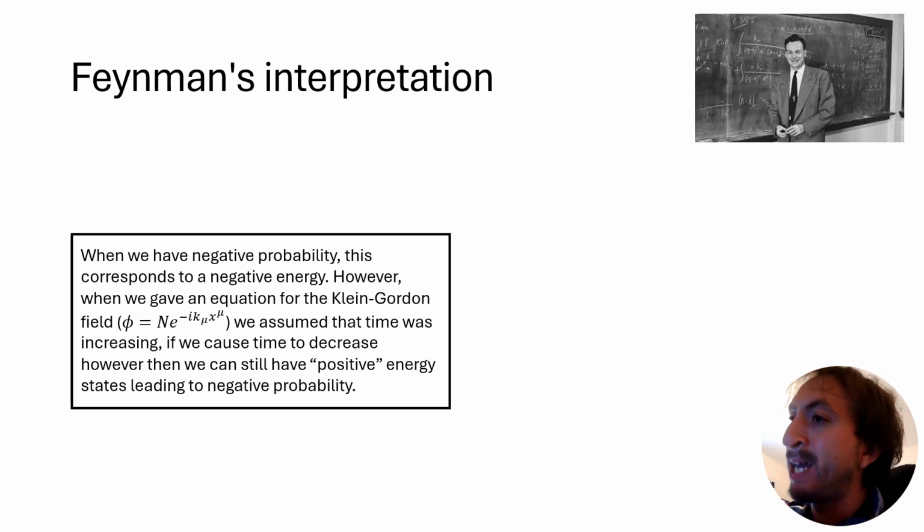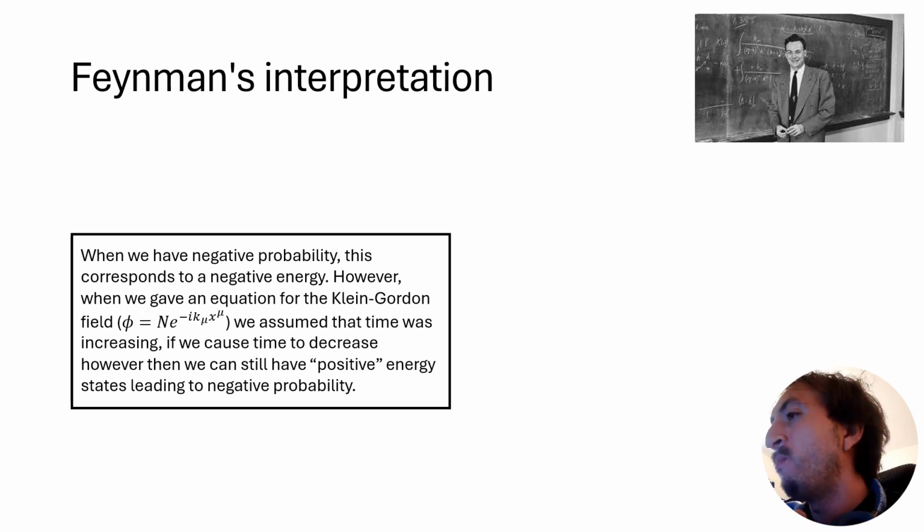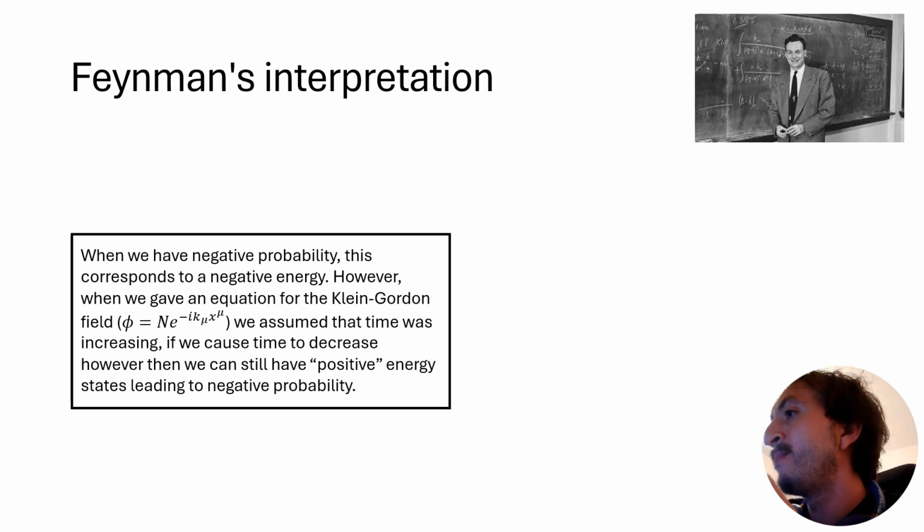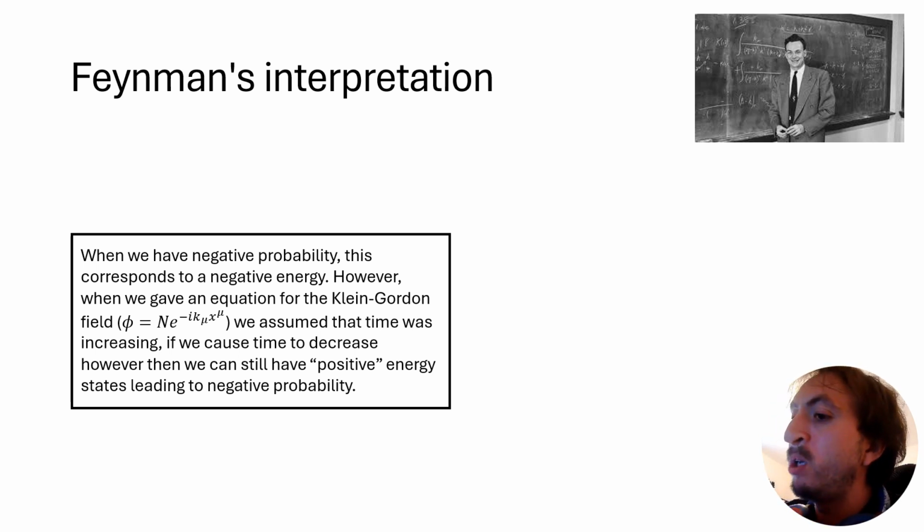However, we can, because when we were doing things like taking the partial derivative of our field with respect to time, we assumed time was going forwards, i.e. our particle was going forwards in time. If time is going backwards, then actually negative probabilities will start to become associated with positive energy states.